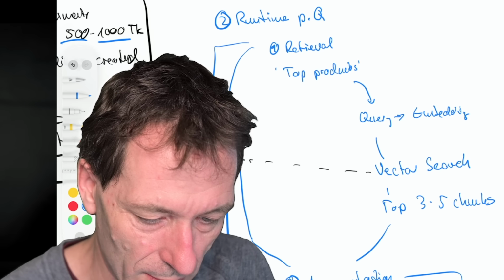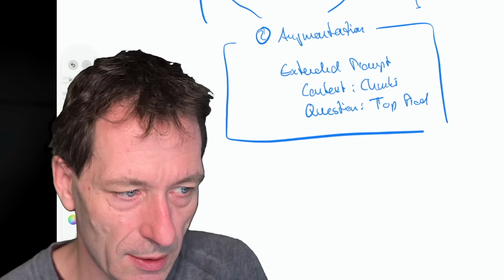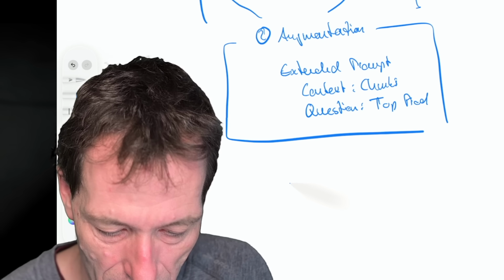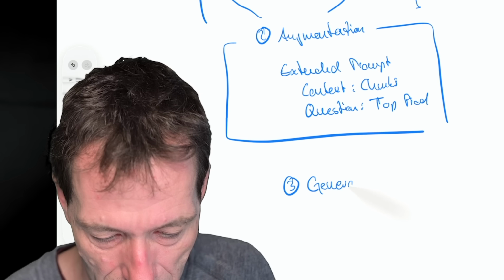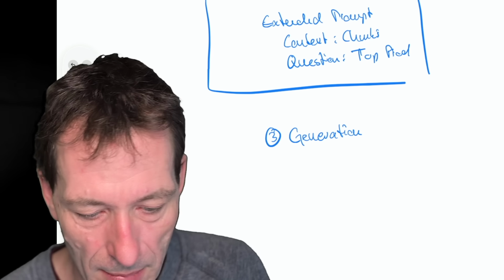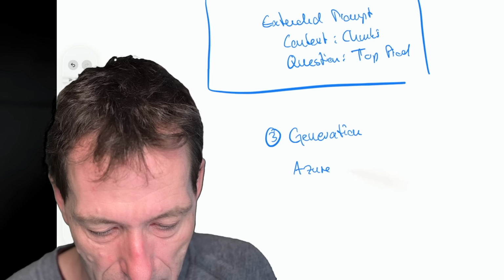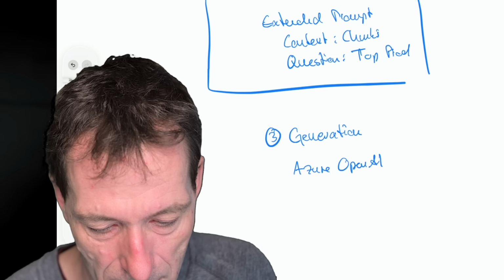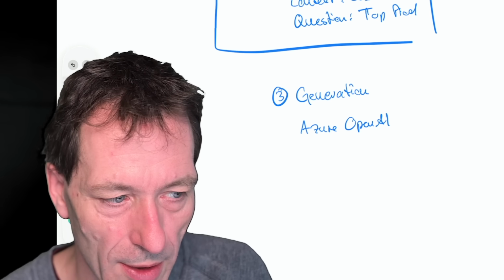So this is first one, retrieval. Second one, augmentation. Third one, you guess it, generation. Generation means that we use Azure OpenAI, let's say with GPT-4 or whatever.